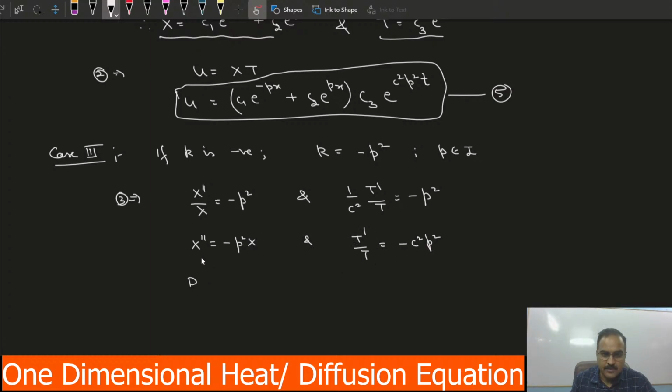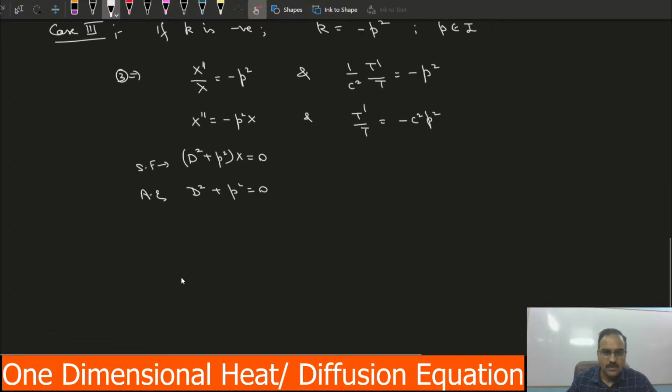So I am converting into symbolic form: d square plus of p square of x equal to 0. So d square plus of p square is equal to 0, that is its auxiliary equation. This was its symbolic form. So d square is equal to minus of p square. We can say d is equal to plus minus of iota p.